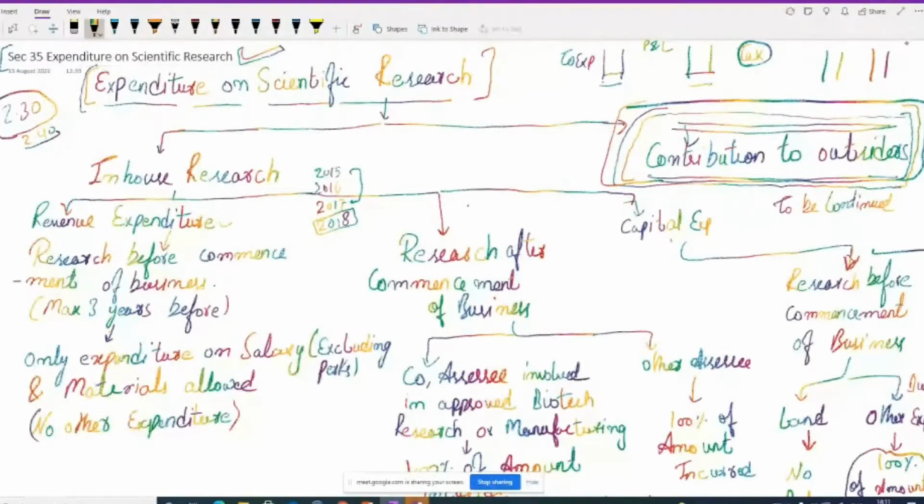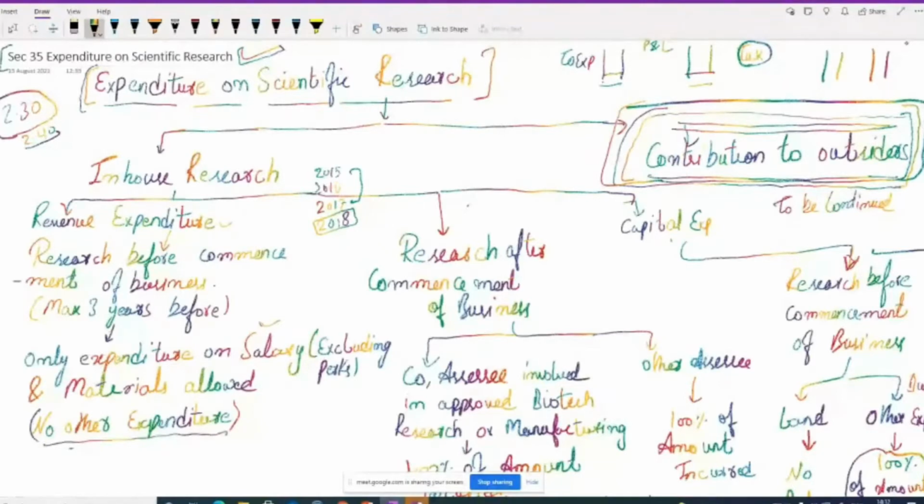And what's the expenditure allowed? Only expenditure in case of revenue. Remember this thing, we are discussing the case of revenue and before commencement of business. Only expenditure on salary and material are allowed, and no other expenditure.